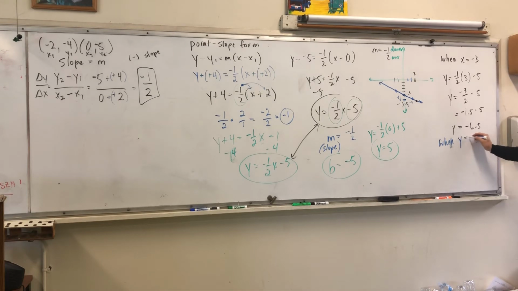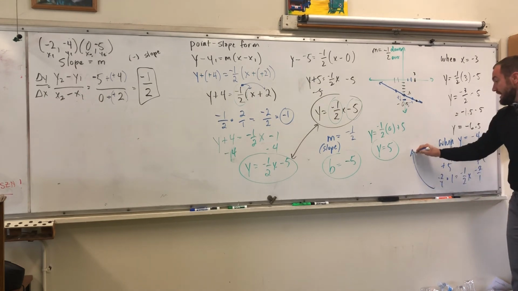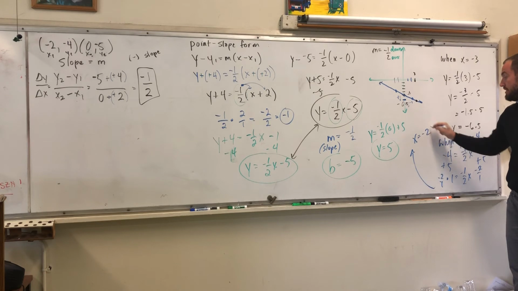What is x when y is negative 4? Negative 4 is equal to negative 1/2 x minus 5. Let's add the 5 to both sides. And then we get 1 is equal to negative 1/2 x. Multiply both sides by negative 2 over 1. I would get x is equal to negative 2.